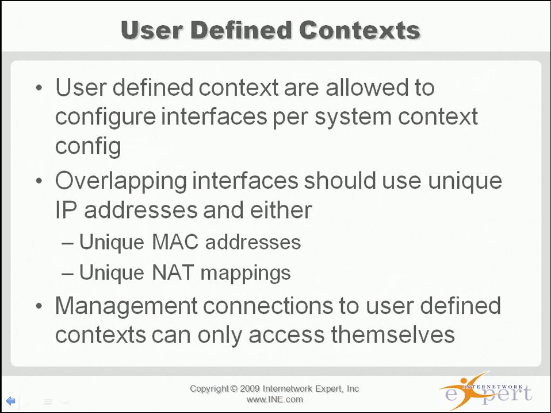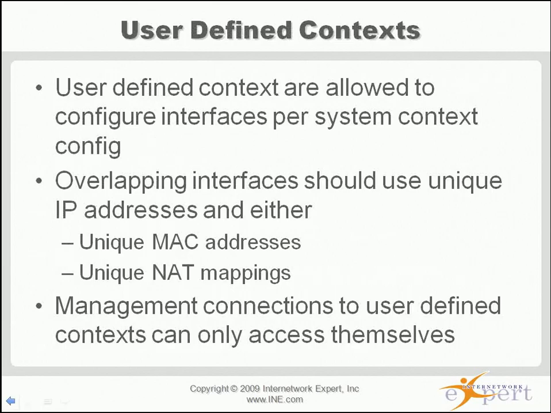You can get into having additional contexts. As mentioned earlier, you can have an interface between them that is shared. In the event you do have an interface that's shared between two contexts, you need some sort of distinction so that the ASA knows which context that traffic is destined for.